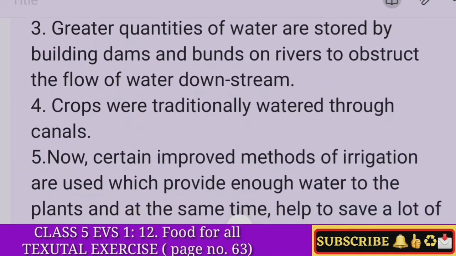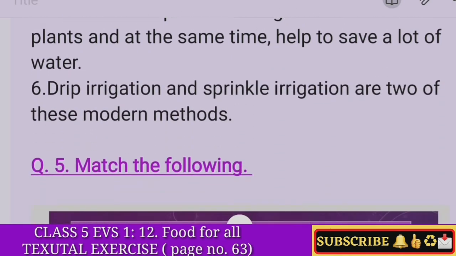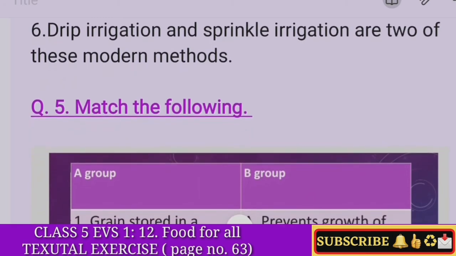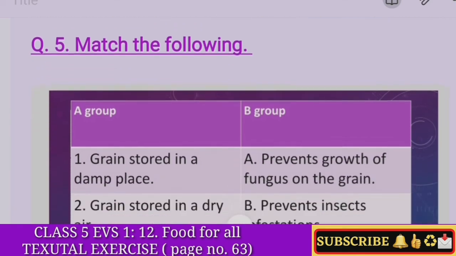Greater quantities of water are stored by building dams and bunds on rivers to obstruct the flow of water downstream. 4. Crops were traditionally watered through canals. 5. Now certain improved methods of irrigation are used which provide enough water to the plants and at the same time help to save a lot of water. 6. Drip irrigation and sprinkle irrigation are two of these modern methods.